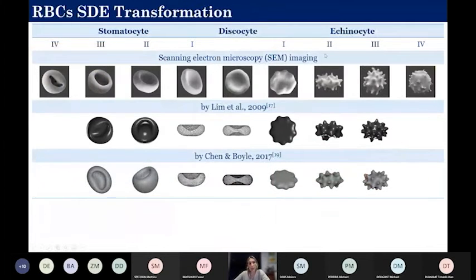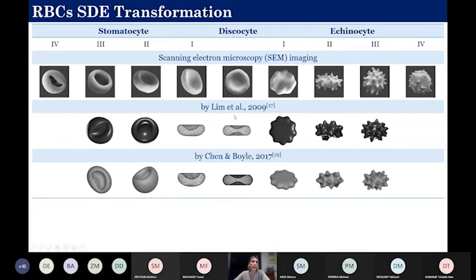And so a big other aspect of what we're doing in my group is red blood cell modeling. And so red blood cells are soft matter that takes many different morphologies, as you can see in this slide, from stomatocyte to discocyte to echinocyte. That's the spiky shape here. And there have been some previous computational models that look at those morphologies.